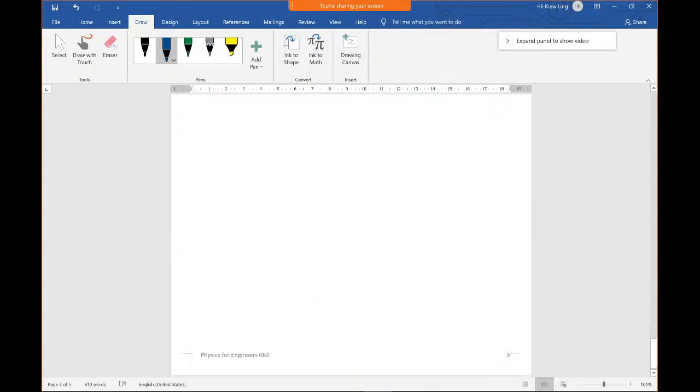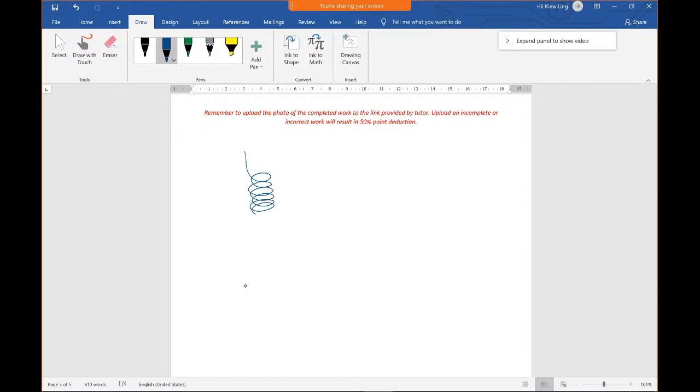Okay, so you look at here. The one that you mentioned is electromagnetism, like you are coiling your wire. You put it around a nail, is it? Then you coil your wire around the nail. Is this what you mean?